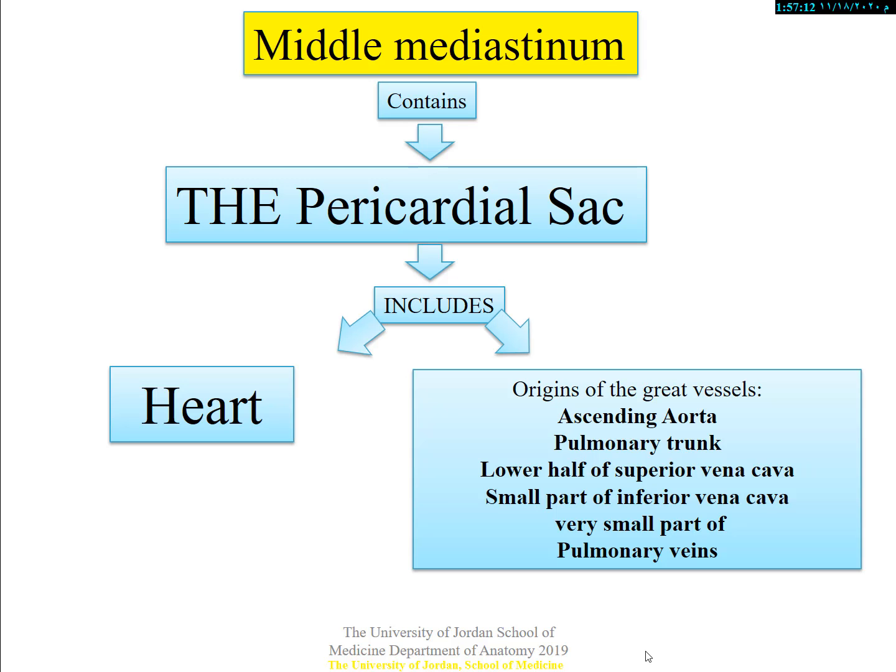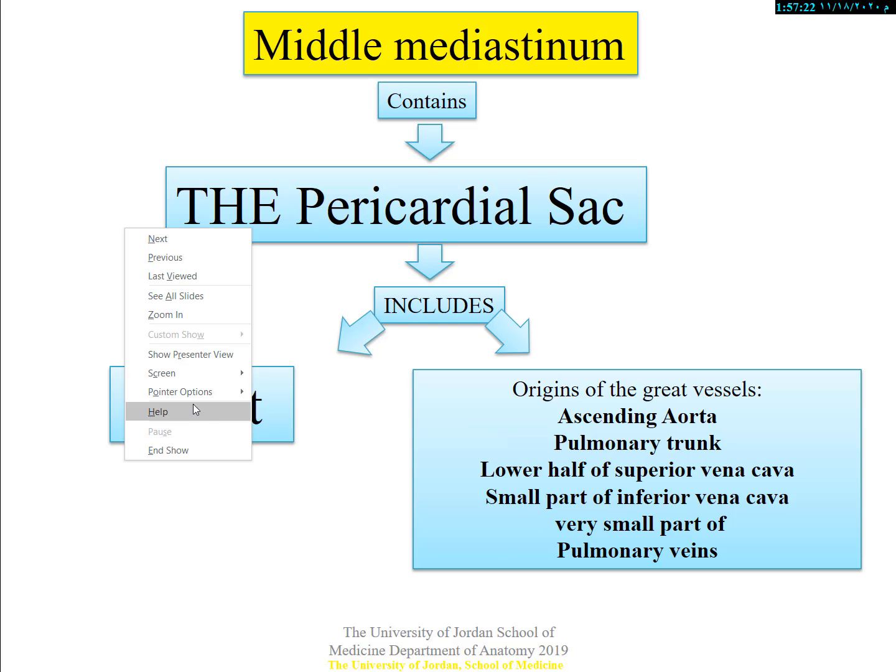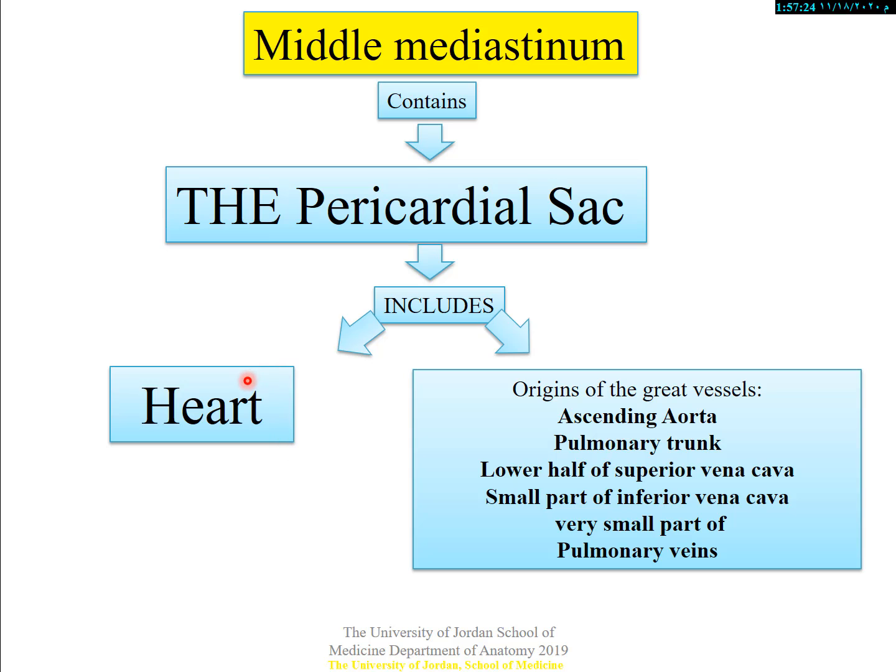Now, just to begin with, the middle mediastinum contains the pericardial sac, which includes not only the heart, obviously, but also, within the pericardium, the ascending aorta, pulmonary trunk, lower half of the superior vena cava, we did mention that, a small part of the inferior vena cava, and a very small part of the pulmonary veins.